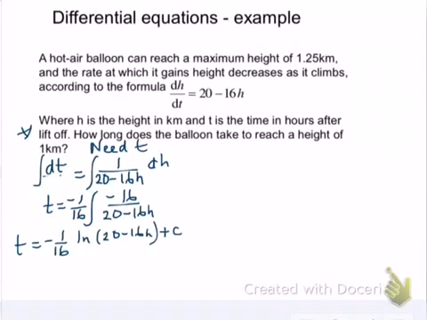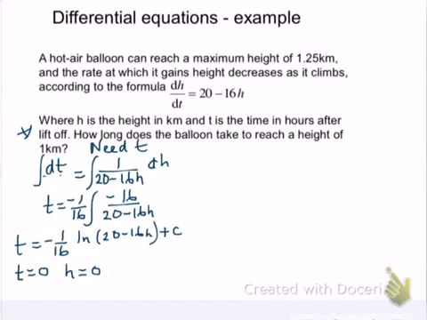Now, t is measured from liftoff, so we can now say that at time 0, h was also equal to 0. So this will help me find my constant c.